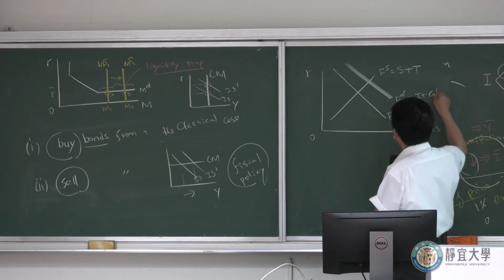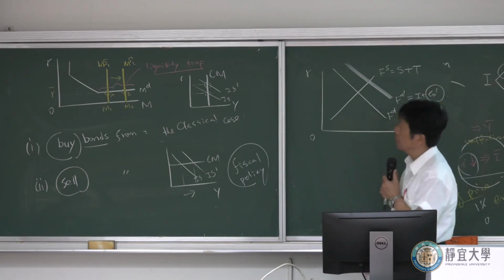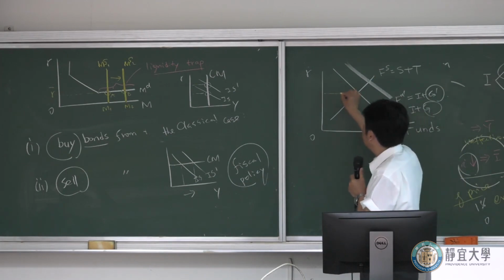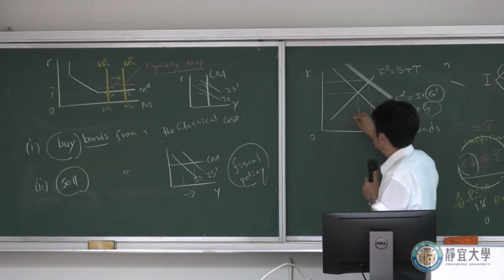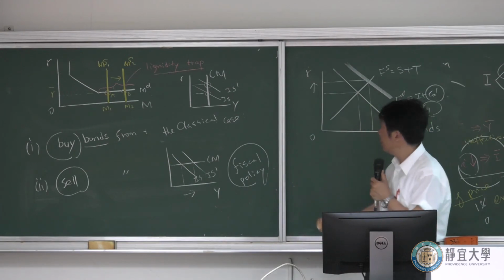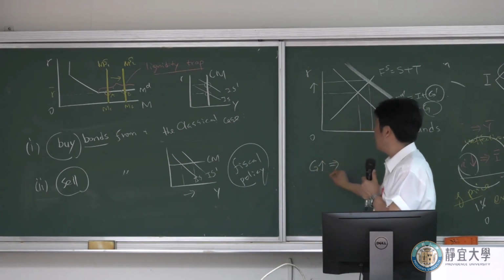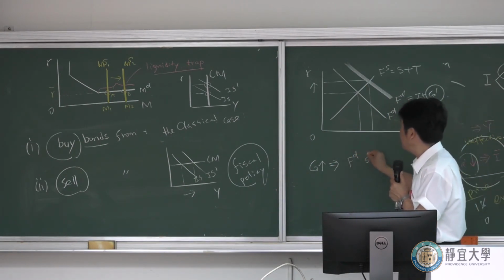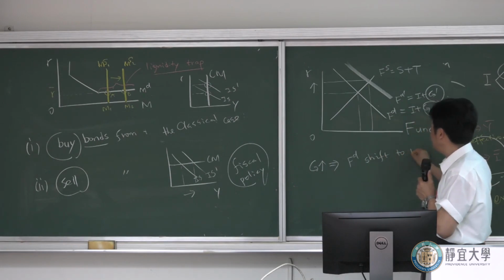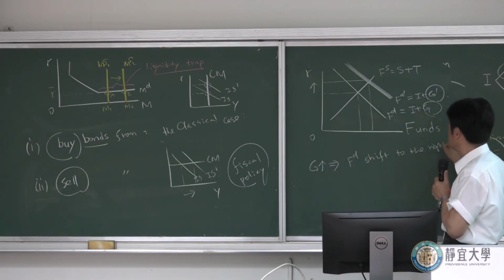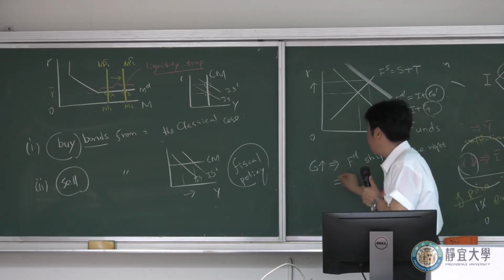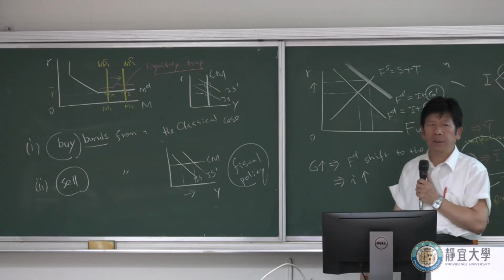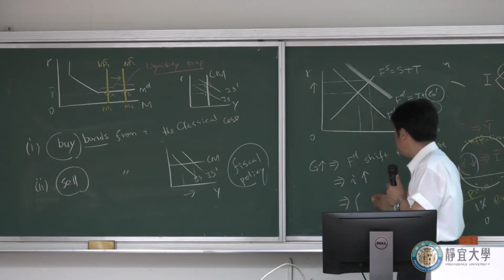If G prime increases, after that the interest rate would increase. It means that if government spending increases, the FD shifts to the right-hand side, and then the interest rate increases. When the interest rate increases, savings S increase.